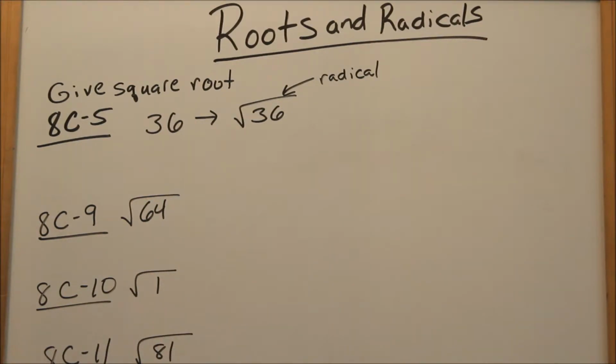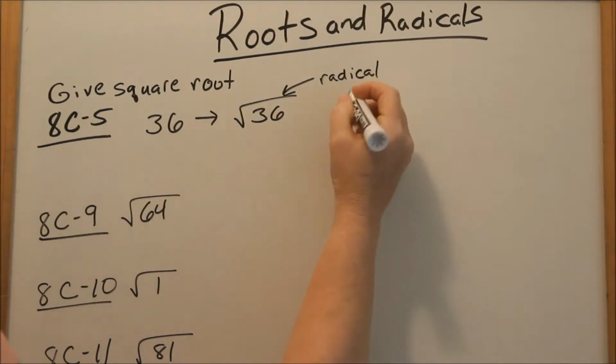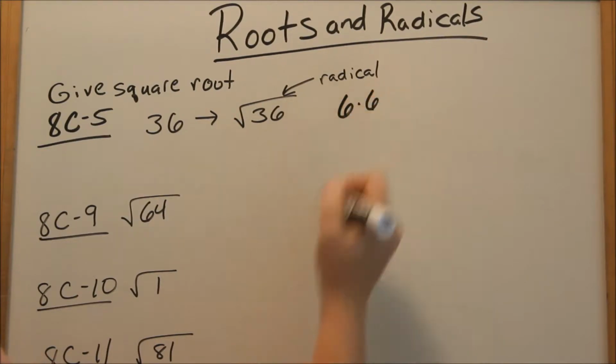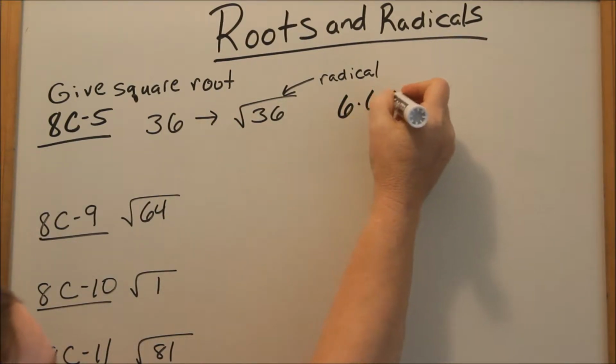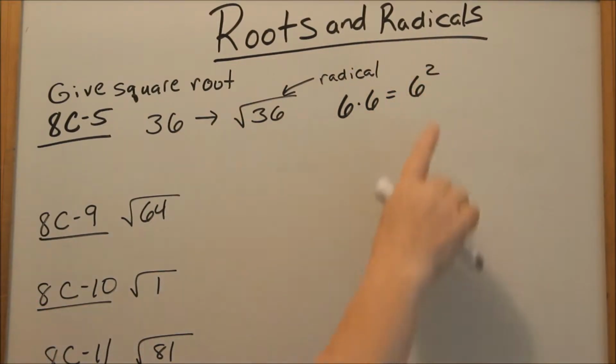What does that mean? The square root means what times itself gives you 36. So you have to think of a number multiplied by itself that gives you 36. 6 times itself gives you 36. Okay, so the other way we can say 6 times 6 is 6 squared.